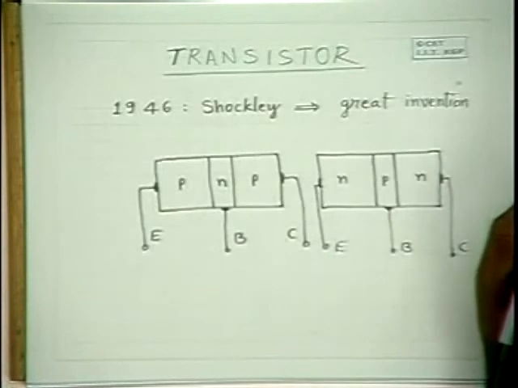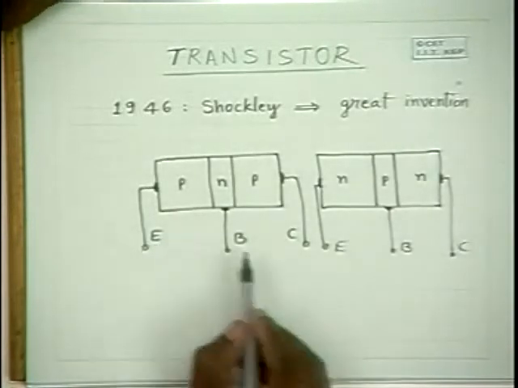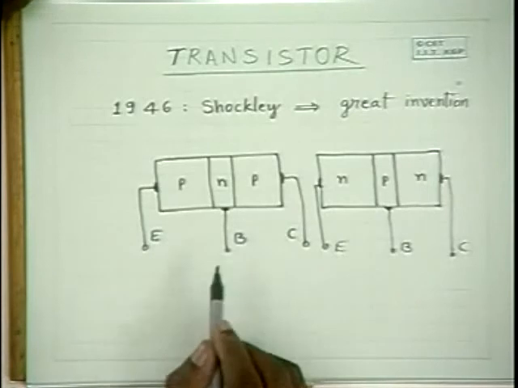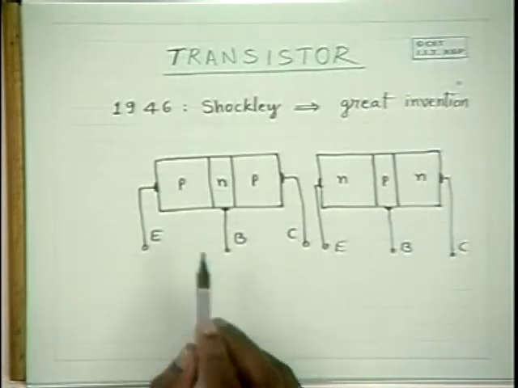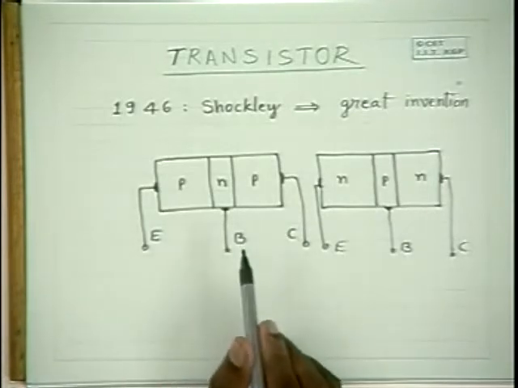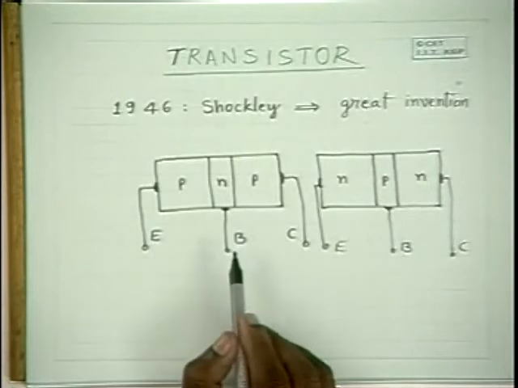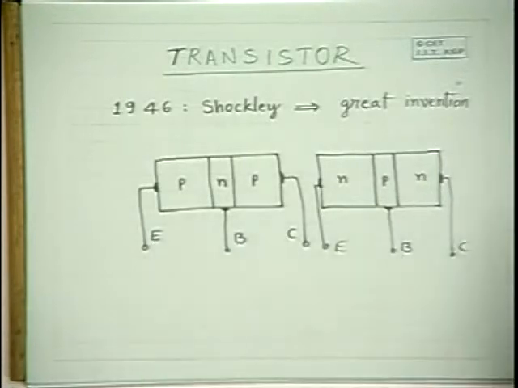With 3 terminals, you can have 2 independent ports. The terminals between emitter and base can be used as an input terminal, and emitter and collector can be used as an output terminal, or emitter and base can be used as an input terminal, base to collector can be taken as an output terminal, and so on.